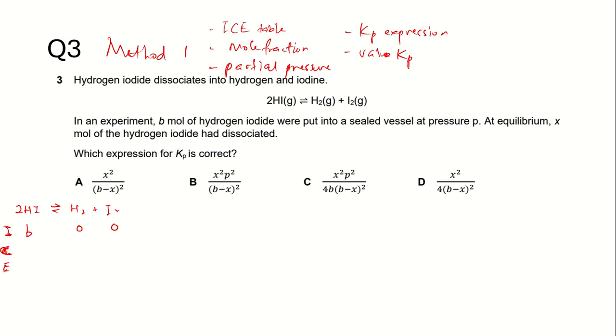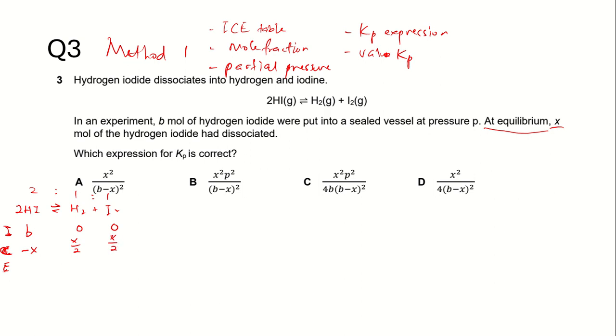Okay. Let's look at what is given in the question. At equilibrium, X mole of hydrogen iodide had dissociated, so change in hydrogen iodide will be minus X mole. Now, can you see in this equation, the mole ratio of hydrogen iodide to hydrogen to iodine will be 2 to 1 to 1. So, if the change in HI is X, the change in H2 will be X over 2.